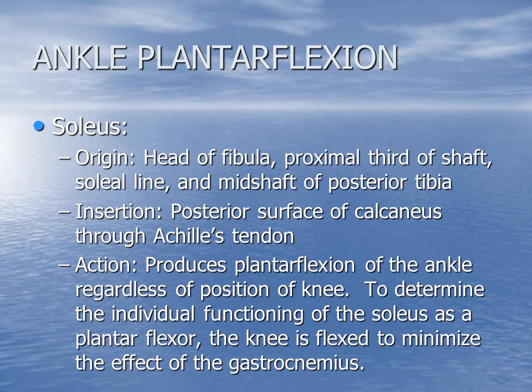So if we want to assess the functioning of the soleus muscle as an individual plantar flexor, what we do then is we minimize the effect of the gastrocnemius by flexing the knee. And that would help us to isolate and grade the soleus muscle if indeed there was reason to do so.